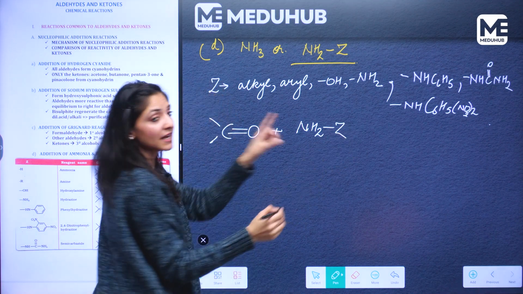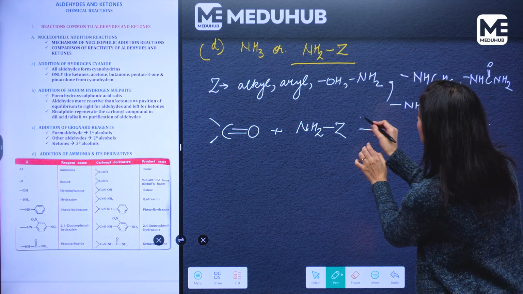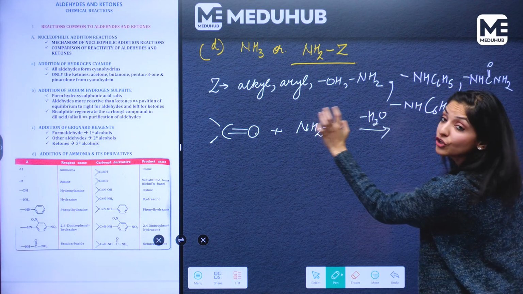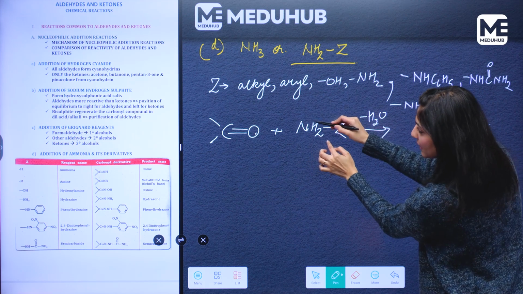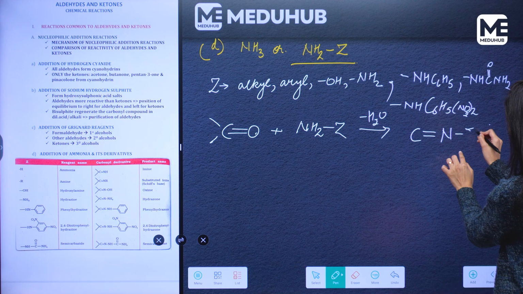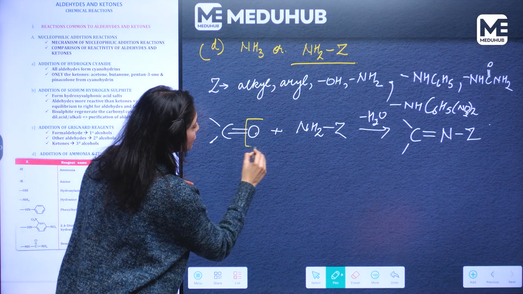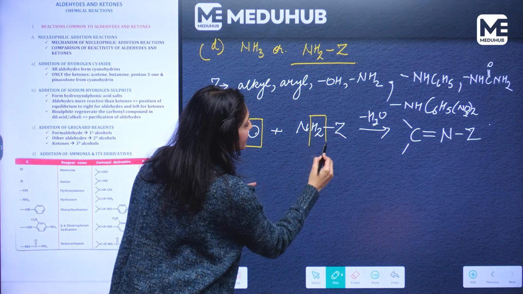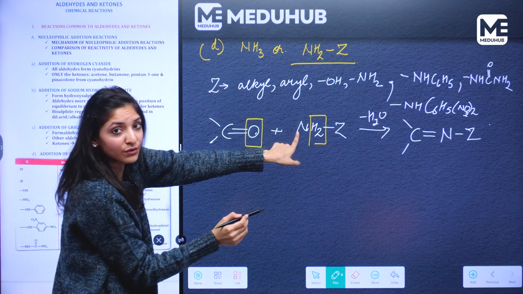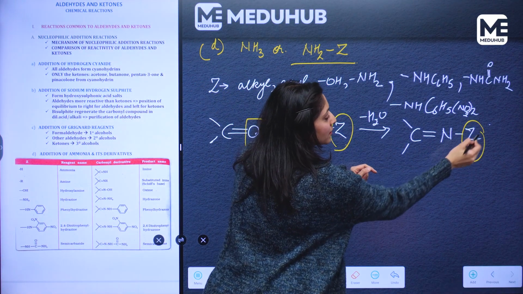What happens when across a carbonyl compound ammonia or its derivative gets added? A molecule of water is eliminated here. So this oxygen and 2 hydrogens from here are eliminated and we get carbon double bond nitrogen Z here. And this carbon now forms a double bond with this nitrogen and the Z group here stays as it is.